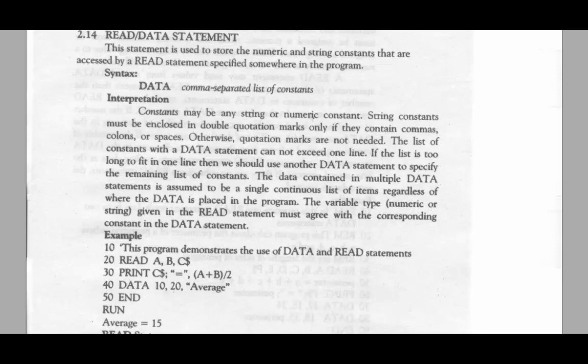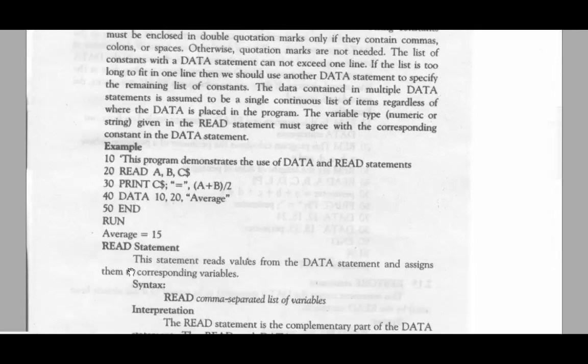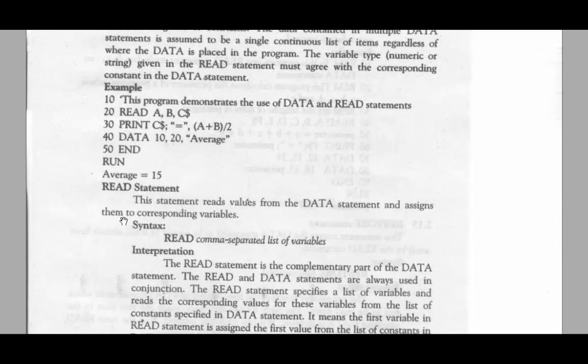Example: this program demonstrates the use of data and read statements. Read A, B, C dollar sign. Print C dollar sign equal, double quotation marks, open bracket A plus B close bracket divide by 2. Data 10, 20, average. Run: average equal to 15. Now, how is the data statement working?